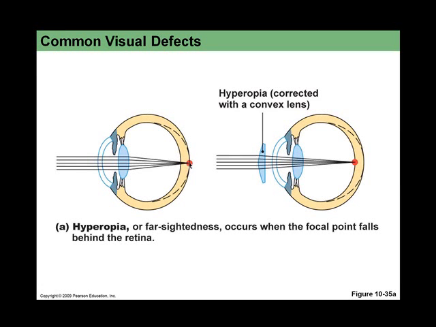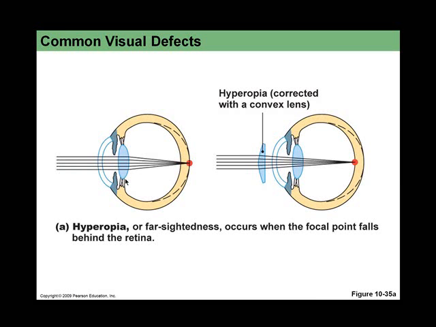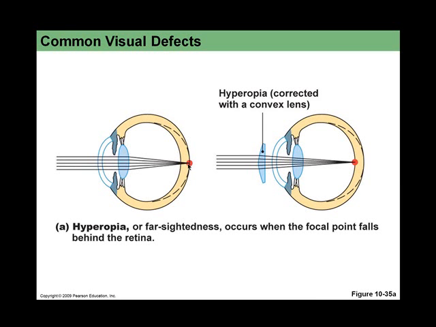So if the natural focal point for that individual is more toward the sclera than the retina, and this is when you have the flattened lens, then it will be out of focus for the retina itself.